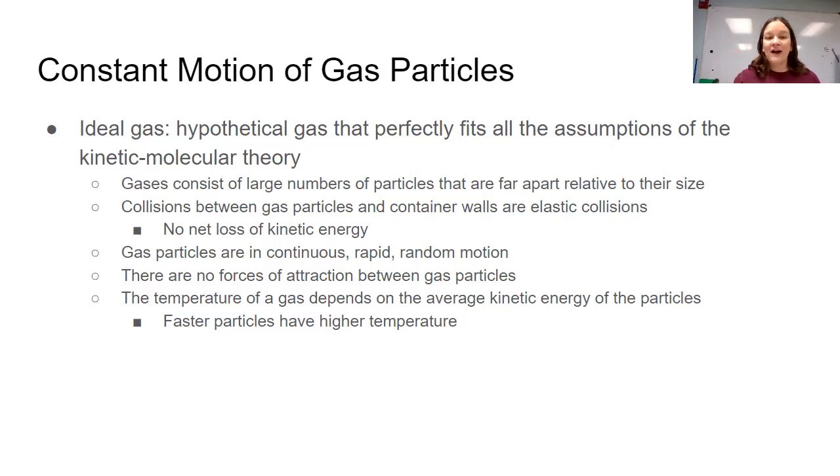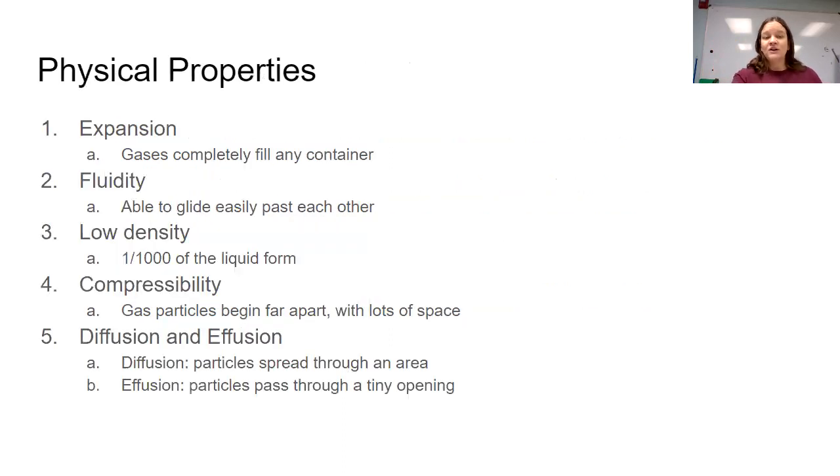We're going to apply these to properties of gases. That's what we're doing next. So gases have these 5 properties. They can expand, and we've talked about that since about 2nd grade. Gases fill whatever container you put them in. They take on the volume and shape of that container. They can expand because they're moving rapidly in all directions.